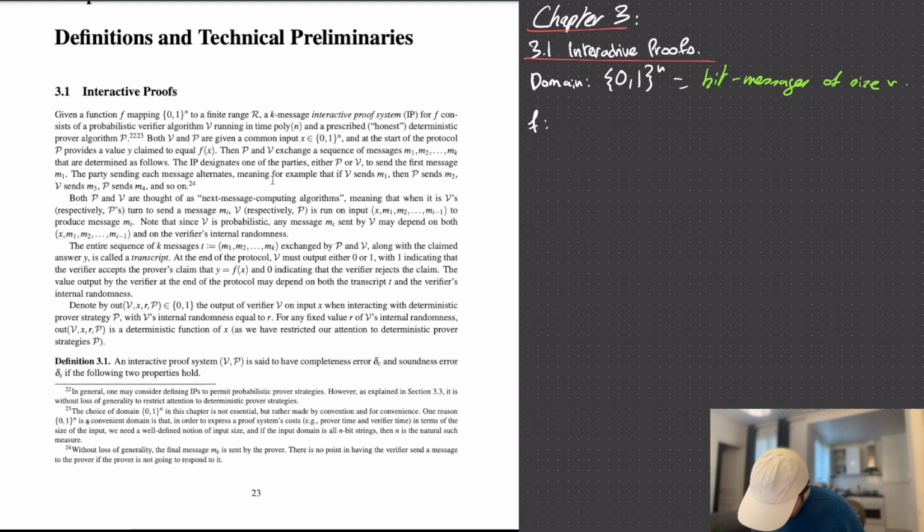Function f mapping Z1 n to R, a finite range, which is a finite range.